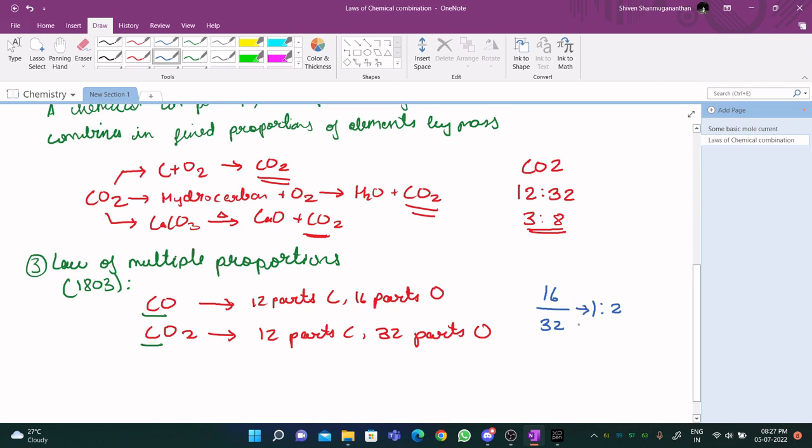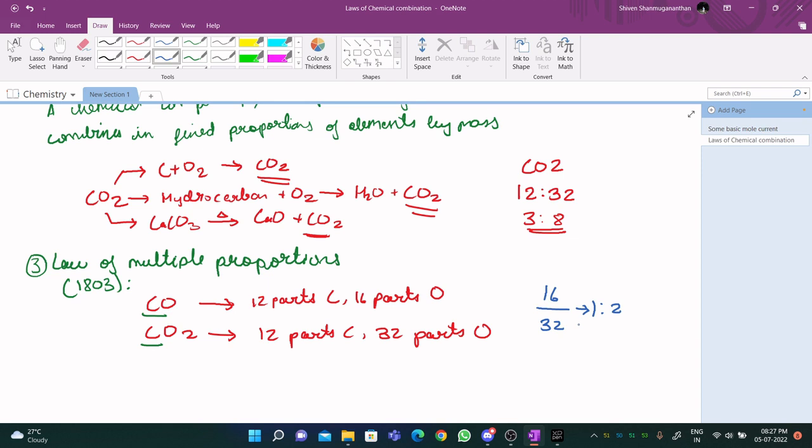Now I'll do a quick revision of this. This is a slightly harder concept we have here. So the ratio of masses of oxygen which combines with the fixed mass of carbon. We have a fixed mass of carbon because both carbon monoxide and carbon dioxide have one carbon atom.